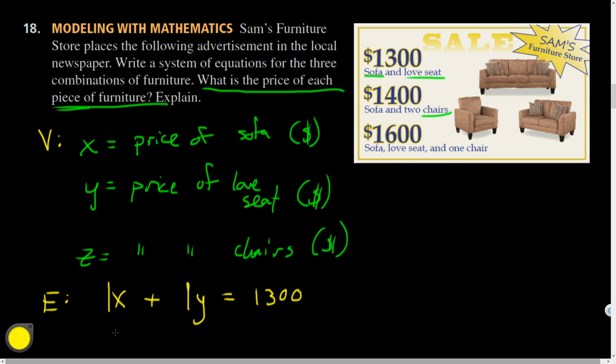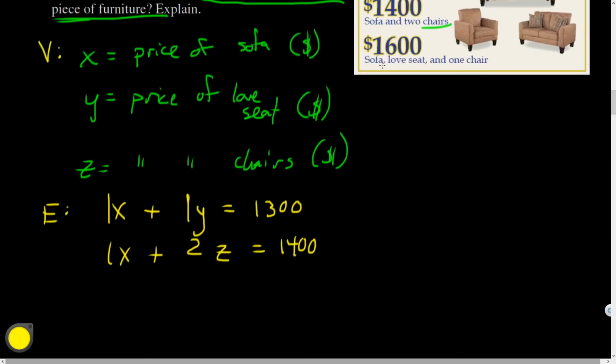Then I have a single sofa times the price of a sofa plus 2 chairs, so 2 times the price of a single chair, that's a Z, equals $1,400. And then the last one of each, so 1 X, 1 Y, and 1 Z equals $1,600. And so there's my equation set up.